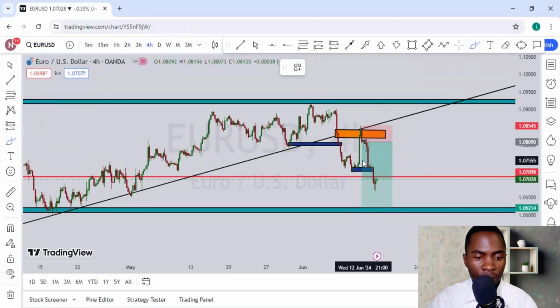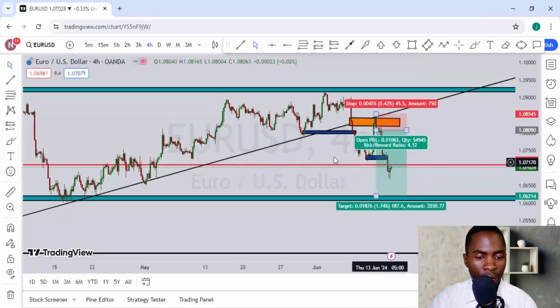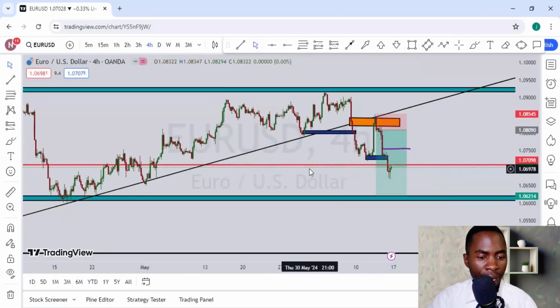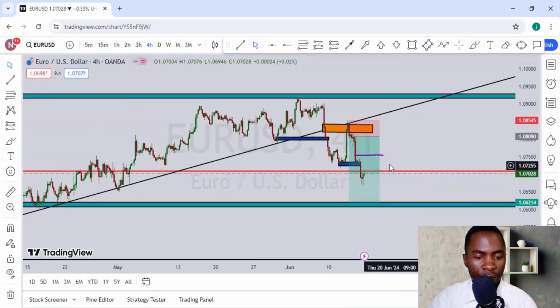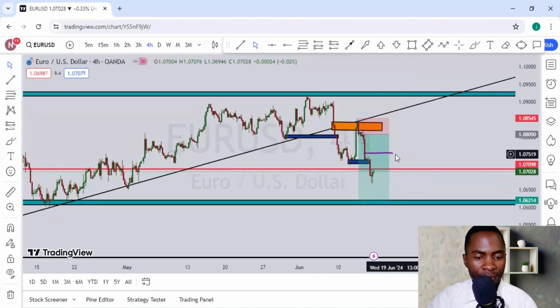For the remaining 50%, it's around this level, because I don't trust this red line. I think that the market might do some reaction here or retrace even back to my entry zone and then come back or go up. So I take my tight stop loss.